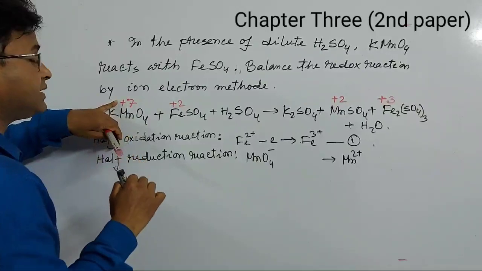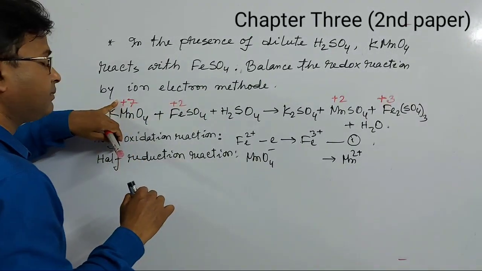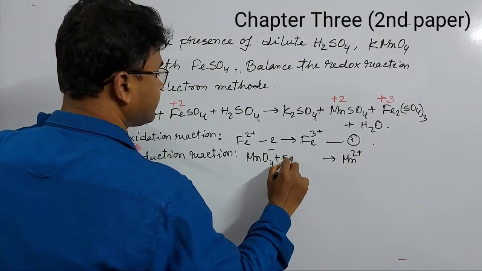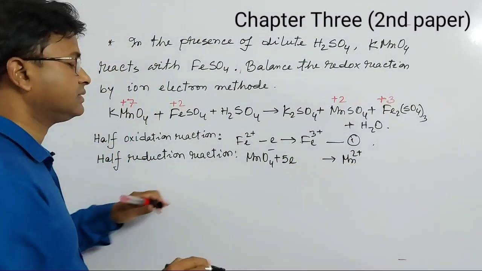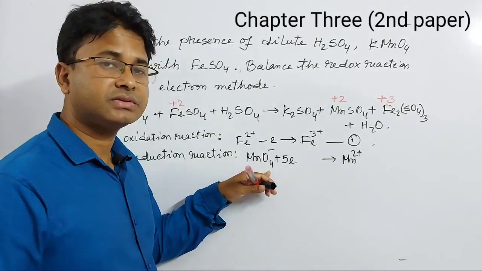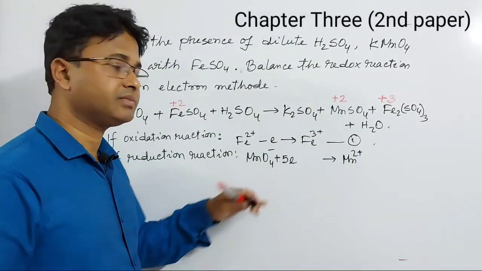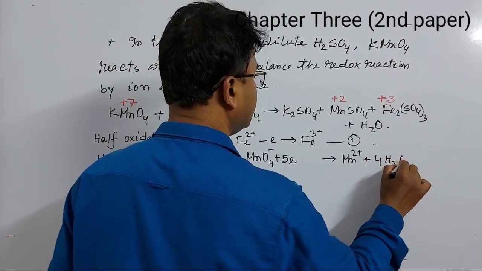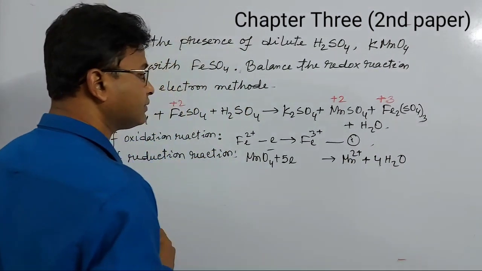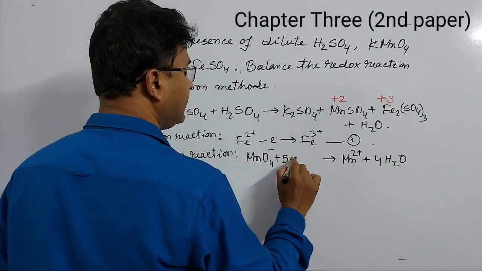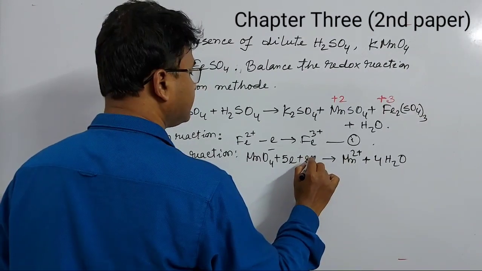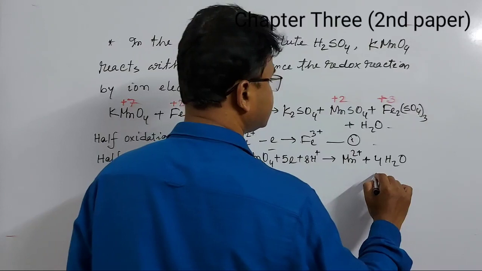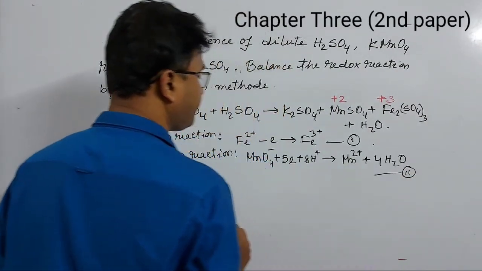Here the oxidation number is decreased from plus 7 to plus 2 by accepting 5 electrons, and there are 4 oxygen atoms at the left side. That's why I have to write here 4 molecules of water, and in order to balance the hydrogen, I have to write here double the number of H plus ion of water. Let this be equation 2.